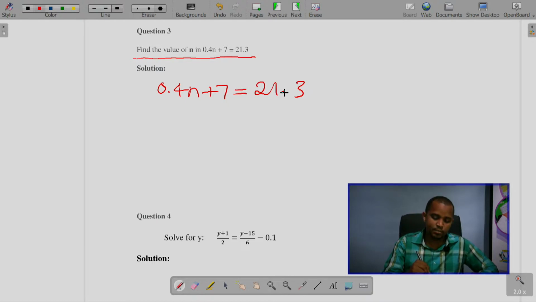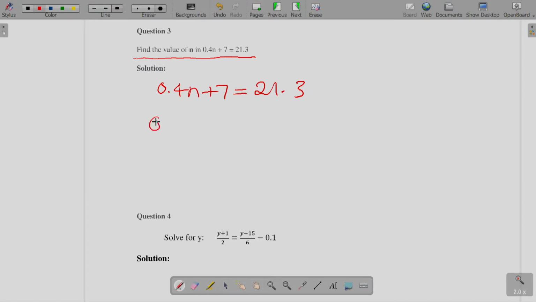The second step is to subtract both sides by 7. So we'll have 0.4n plus 7 minus 7 equal to 21.3 minus 7.